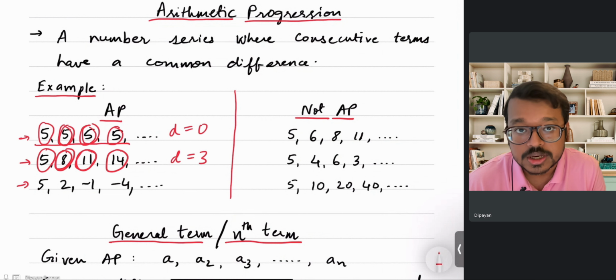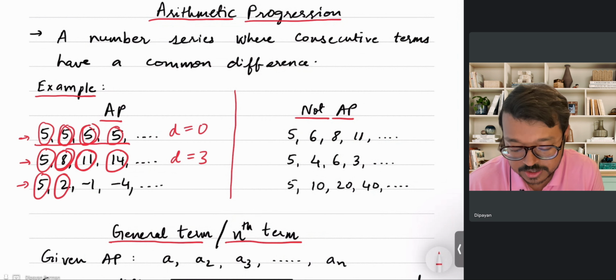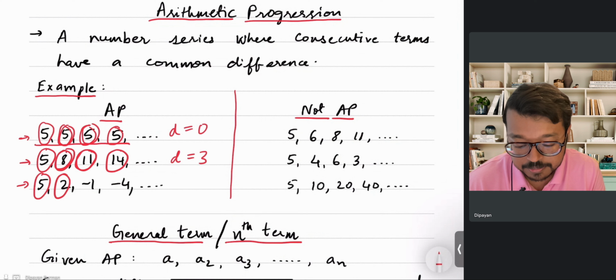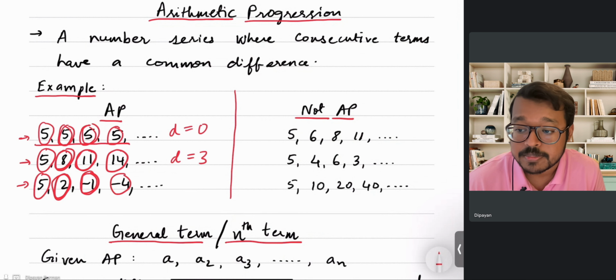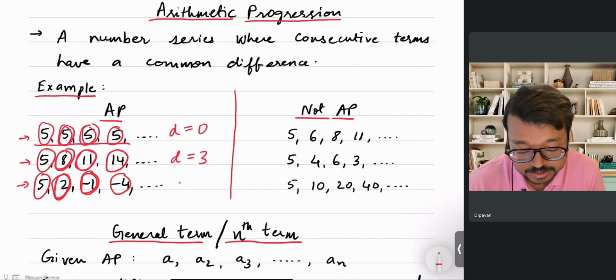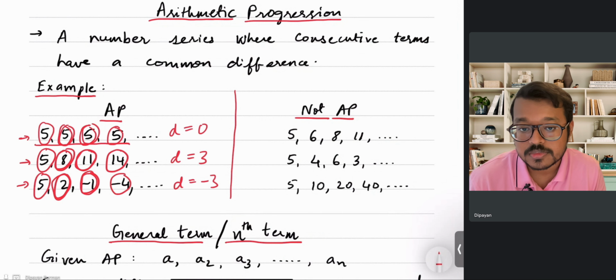If I again look at the difference between the consecutive numbers, we have 2 minus 5, which is minus 3, minus 1 minus 2 is also minus 3, minus 4 minus of minus 1 is also minus 3. So in the third example, the common difference D is minus 3.